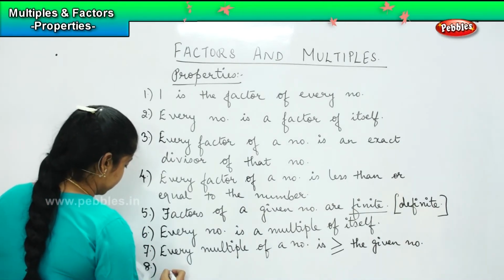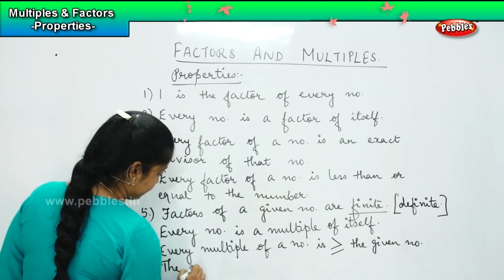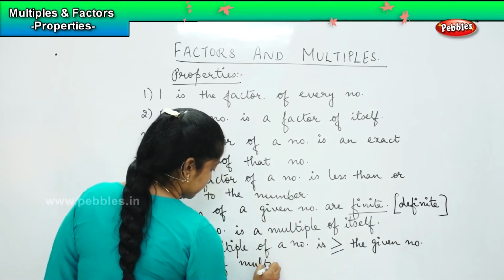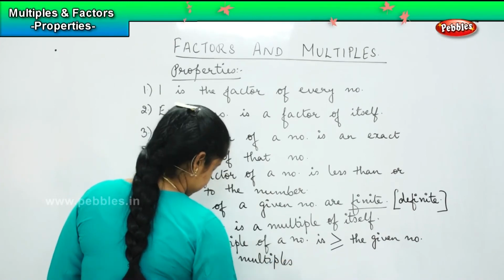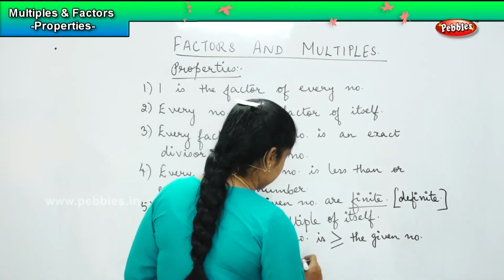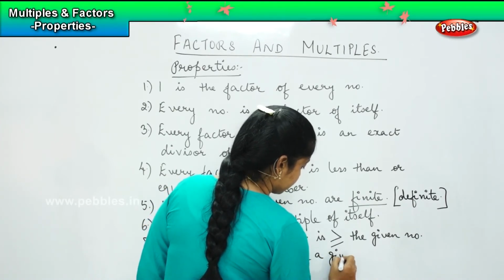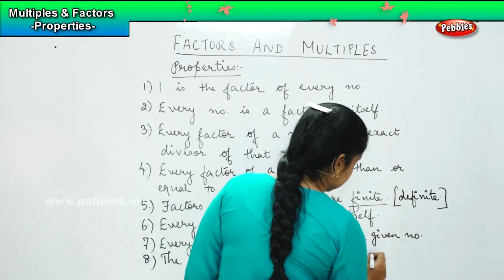The last property is the number of multiples of a given number is unlimited.